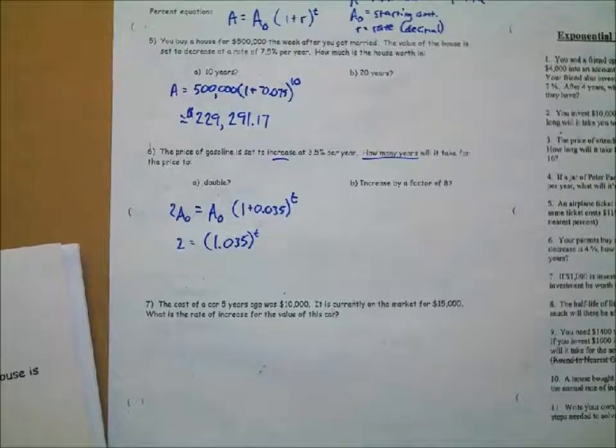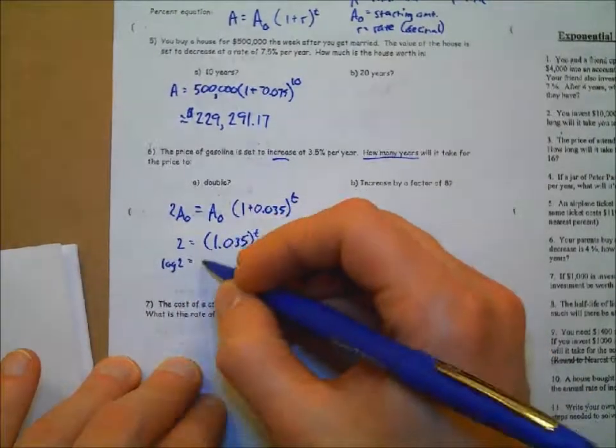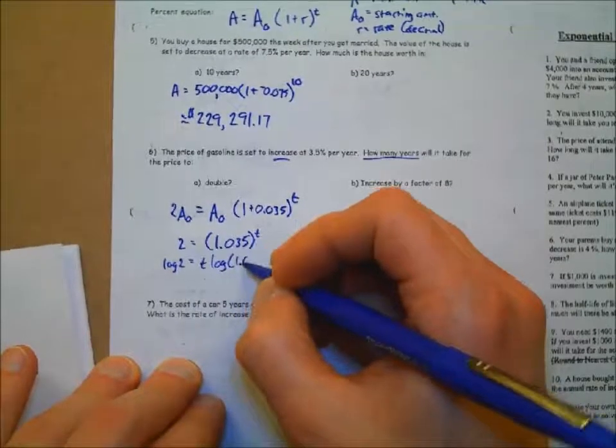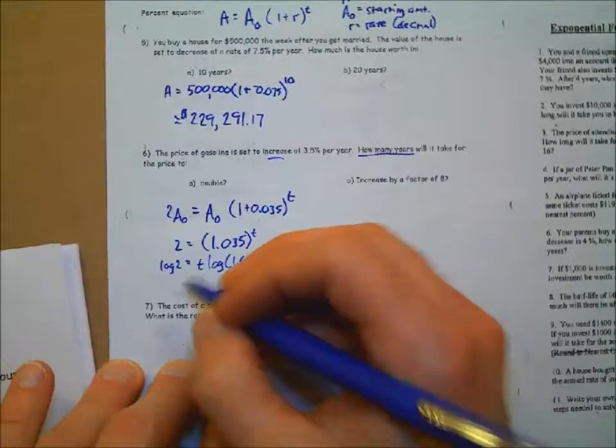And then you can use logarithm, natural log, common log, whatever. I'll use common log this time just to change it up. So I'll say log of 2 equals t log of 1.035. Divide both sides by that log of 1.035.